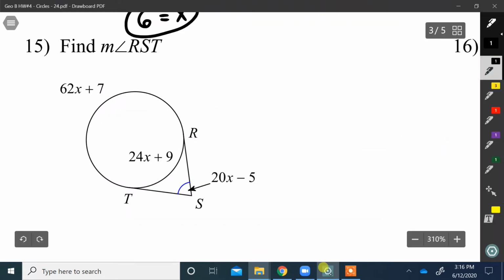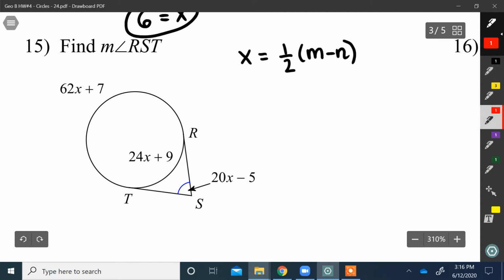So again, we have x is equal to half of m minus n. Okay, the x in this case should be this right here. The n is this right here, and the m is this guy right here.